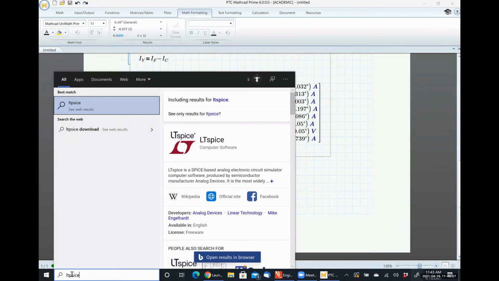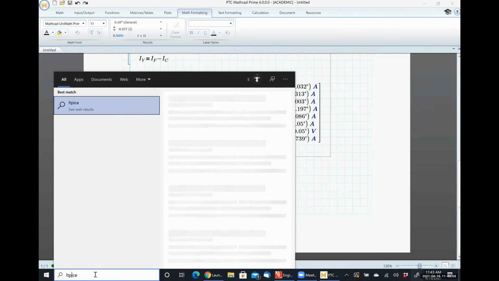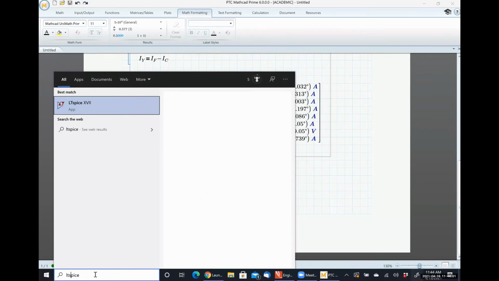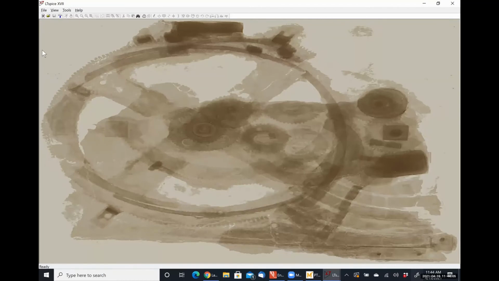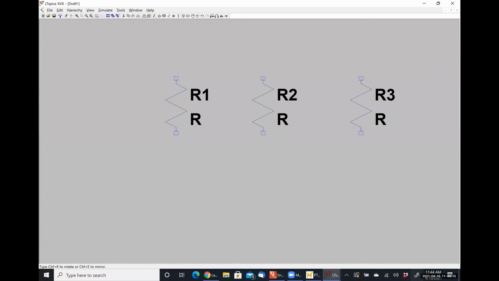That's why it's not liking it. I'm going to attempt to draw this guy real quick. So resistor, resistor, resistor.